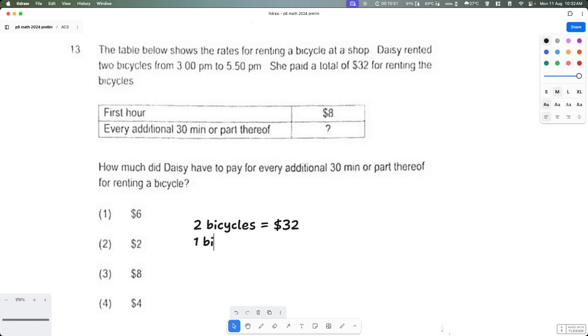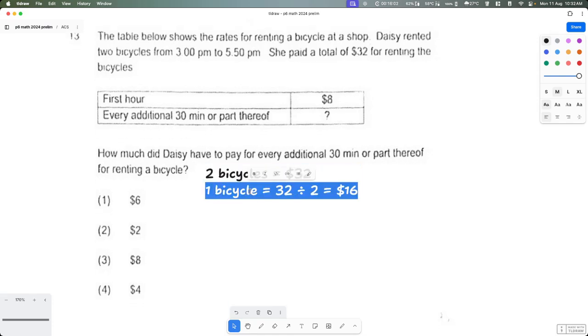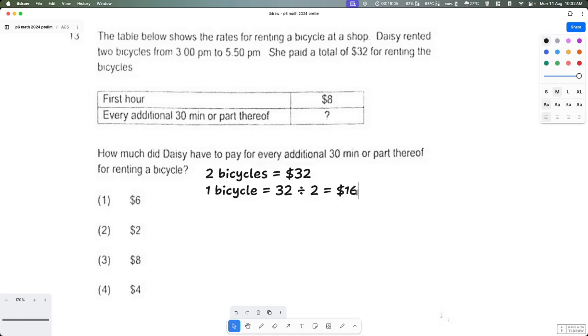So one bicycle is 32 divided by 2, which will be $16. We also know that the first hour is $8. So the remaining is equal to 16 minus 8, which gives us $8 remaining.